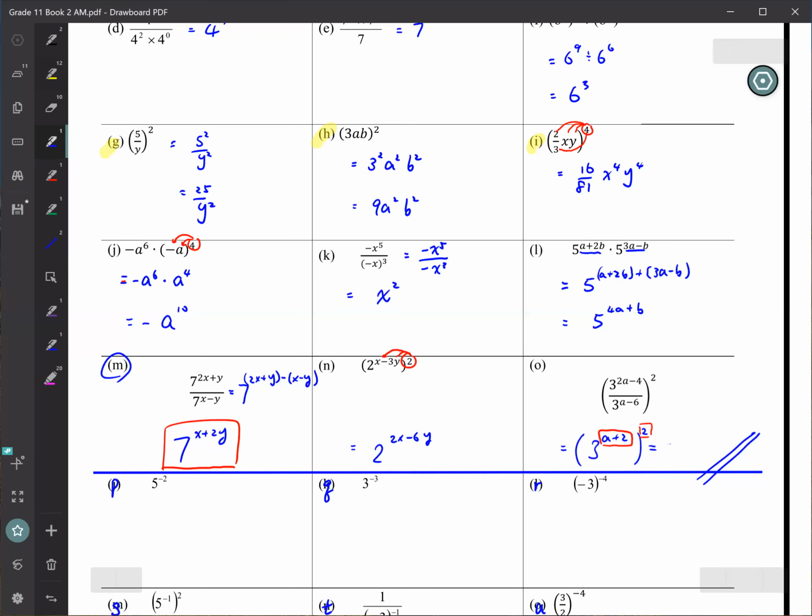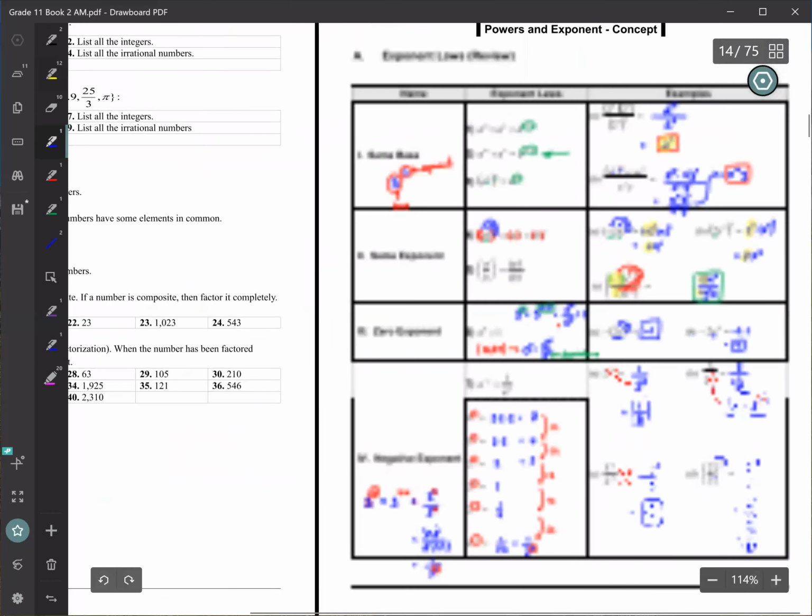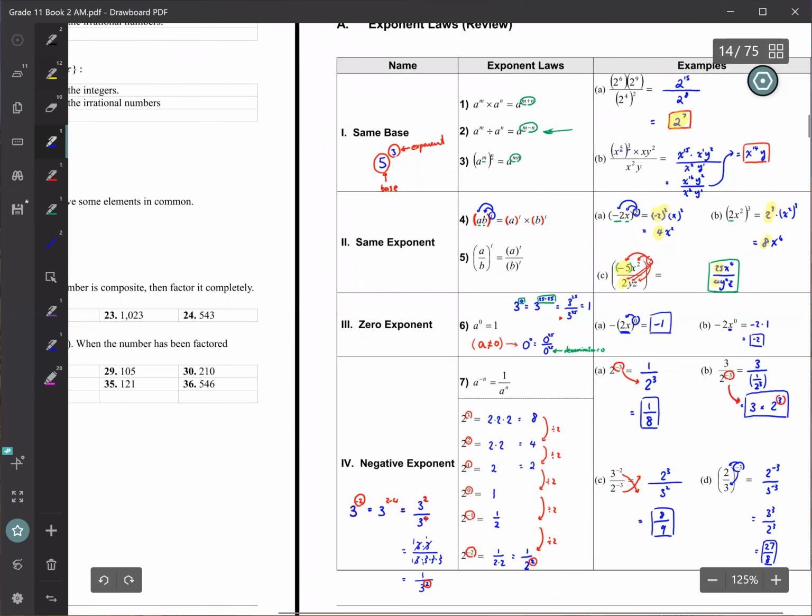I don't know. Look at the rules that we reviewed. Which rule tells you about the exponent next to each other? Which one?